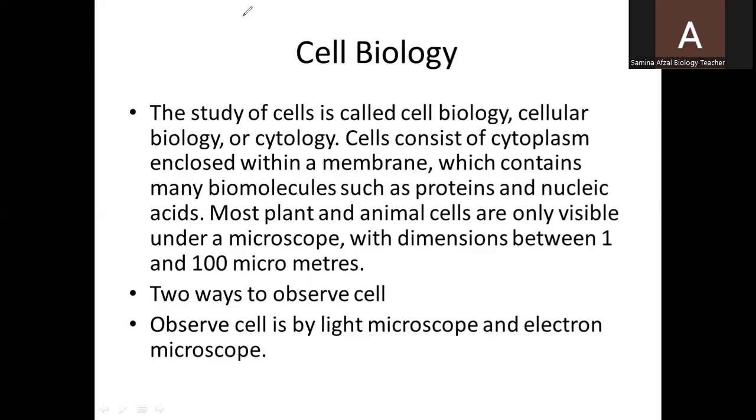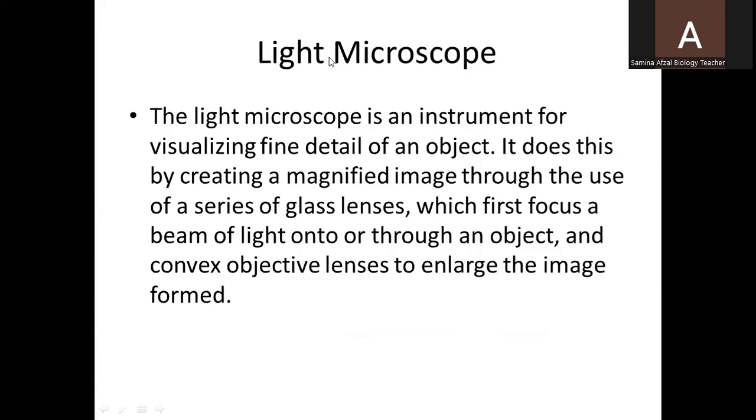These are two types of microscope. First of all, we will go with the light microscope. The light microscope is also called the compound microscope, and it is an instrument for visualizing fine details of an object.